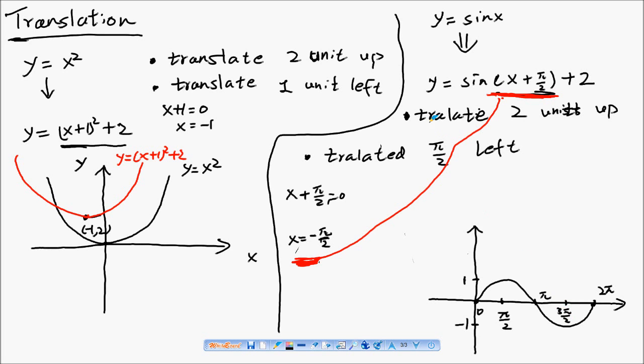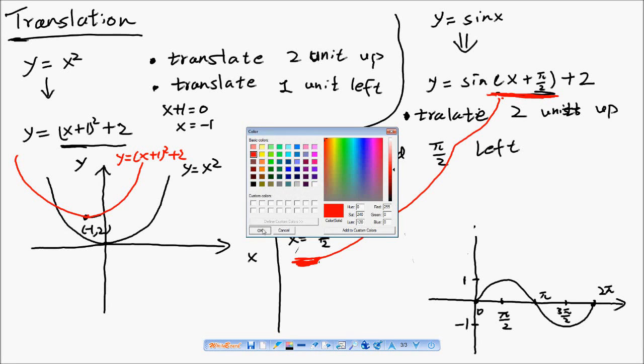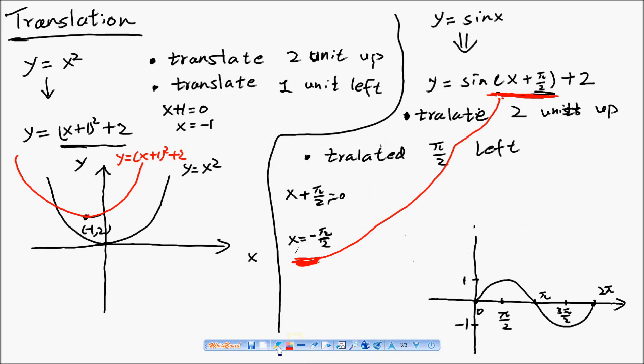Let's do the vertical translation first. We move everything 2 units up, so your maximum becomes 3, because we have 1 plus 2.